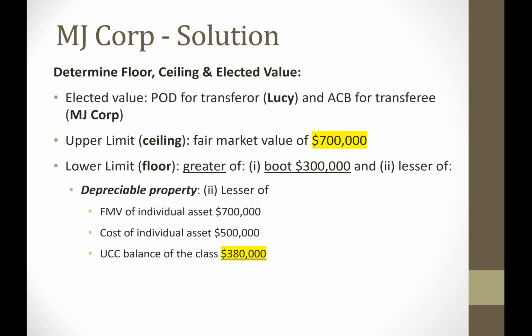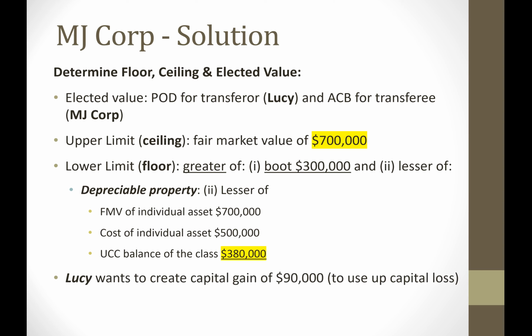So we can see here on the slide that the range that Lucy has to elect from is from a lower limit of $380,000 to an upper limit of $700,000. Now, in the question we're told that Lucy wants to create a capital gain of $90,000 to use up the capital loss.